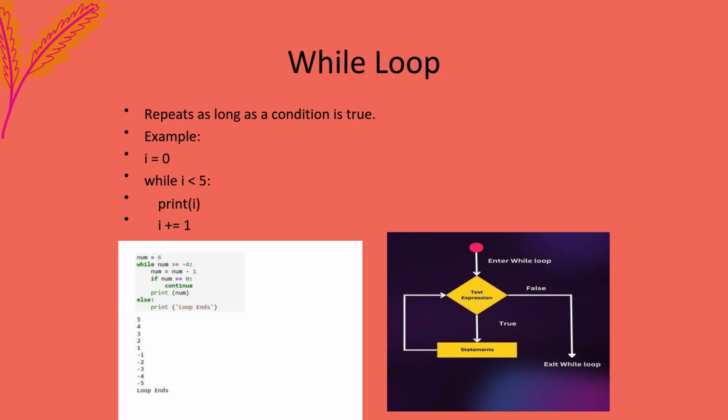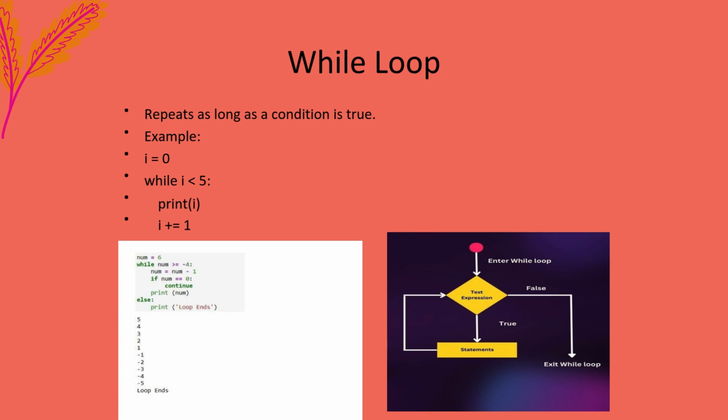If not, it stops. The key difference between for and while is that for is used when you know how many times to run. While is used when you don't know exactly how many times, but you know the condition under which it should keep going.